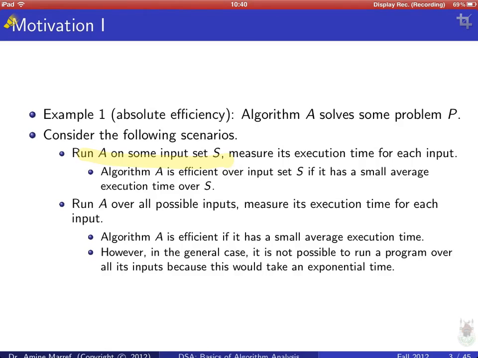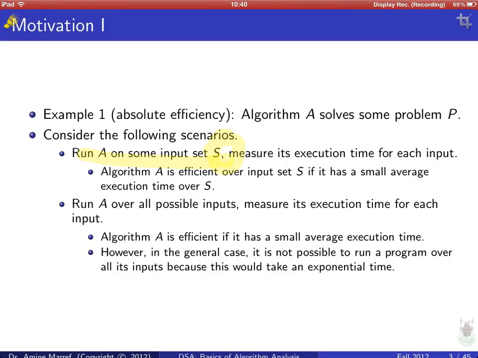It's not really expensive, but comparatively with the other book, it's more expensive. So we have absolute when we say this algorithm is efficient or not efficient, and we have relative when we say this algorithm is more efficient than that algorithm.